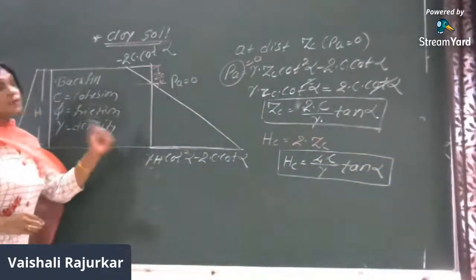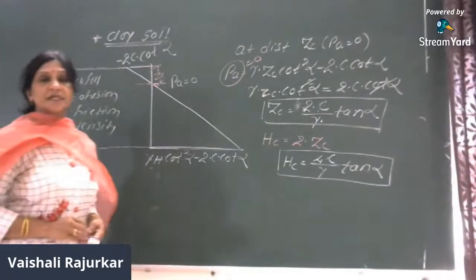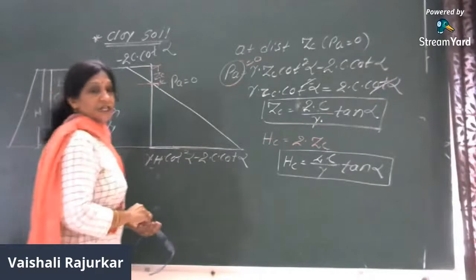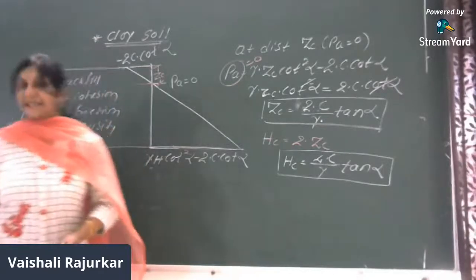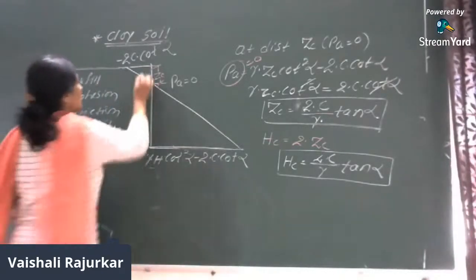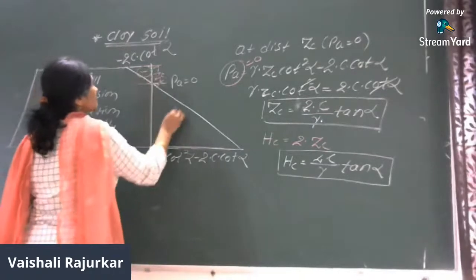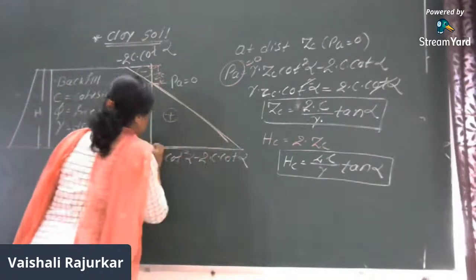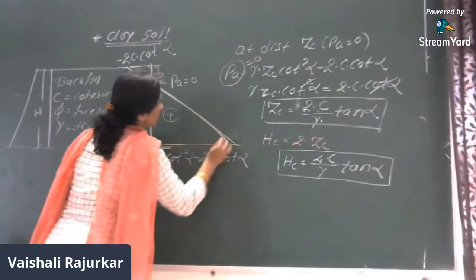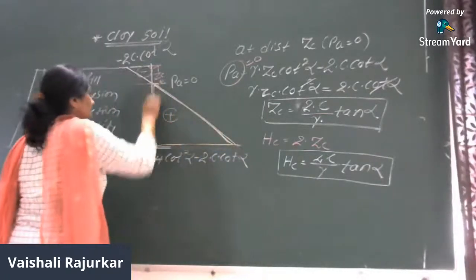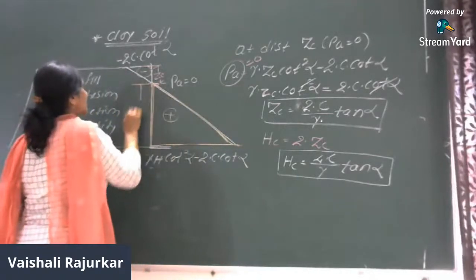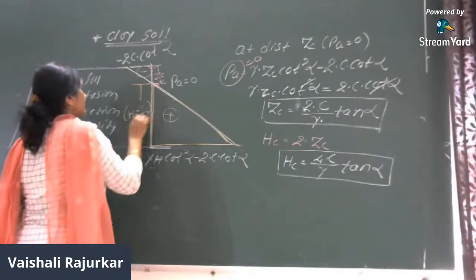Now, which pressure are we taking into consideration as the active pressure? Here, the positive pressure distribution diagram will be considered for the active earth pressure. So this is negative and this is positive. This portion of the soil we will assume as PA. What is this distance then? This distance is H minus ZC.